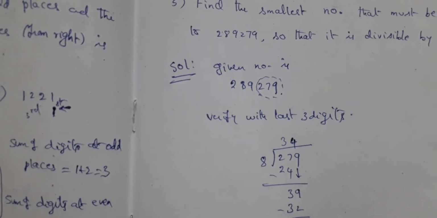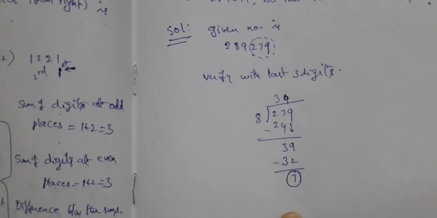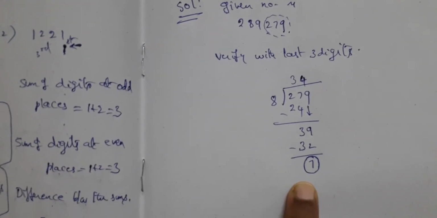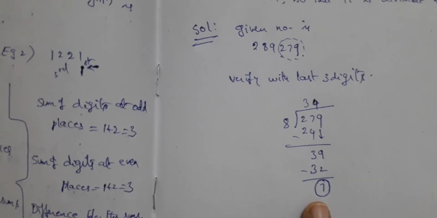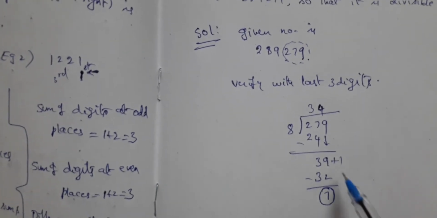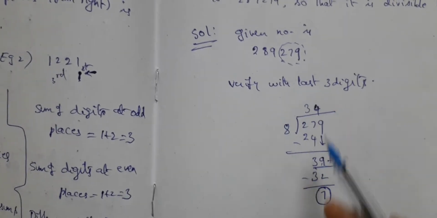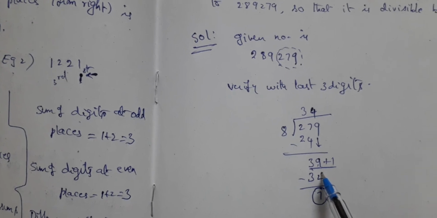Then you got the remainder to be 7. If at all you can add one number to this, we might have got 40 here. Then 5 8s are 40. Then it is totally divisible by 8.